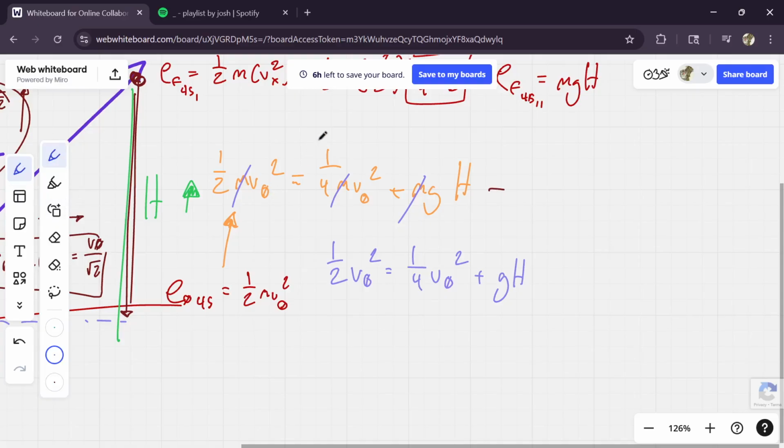And then all we have to do is shift this over to this side. When you scoot this over, you're still going to get 1/4 v initial squared is equal to gH, right?